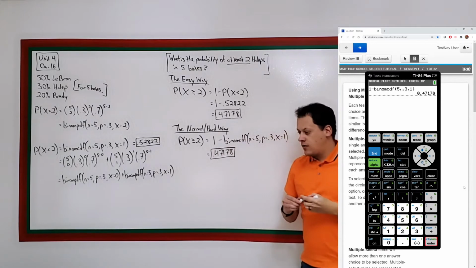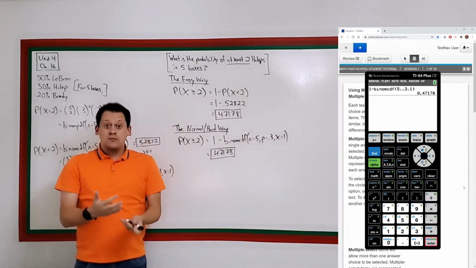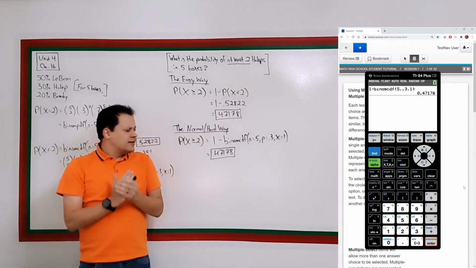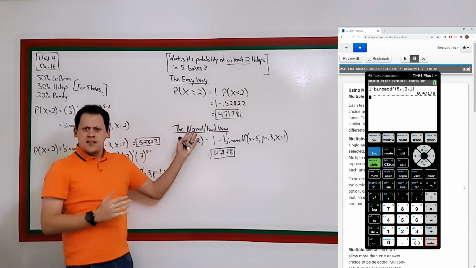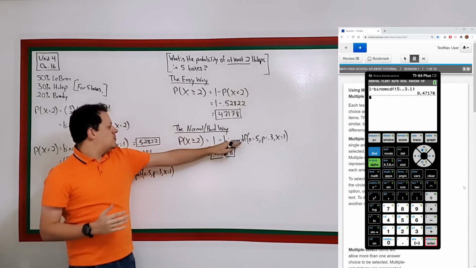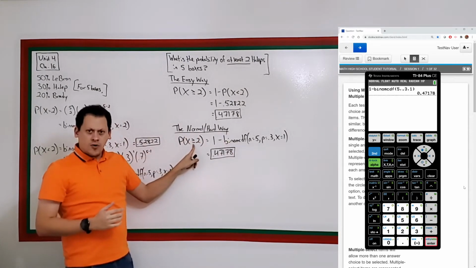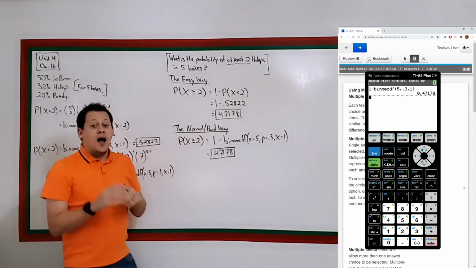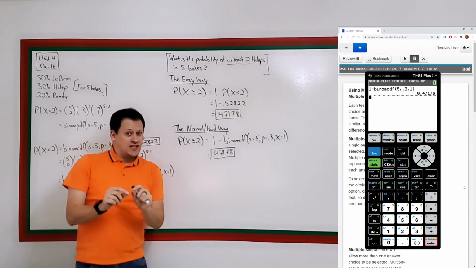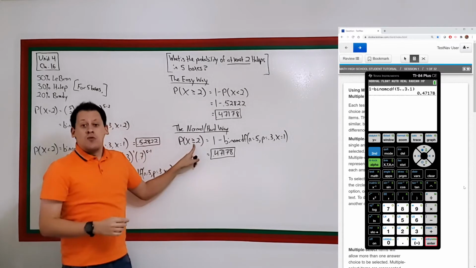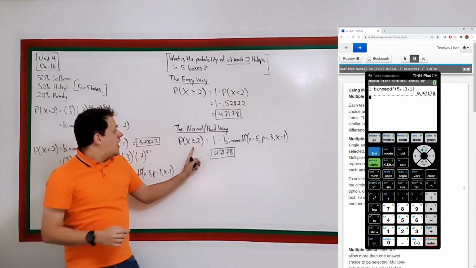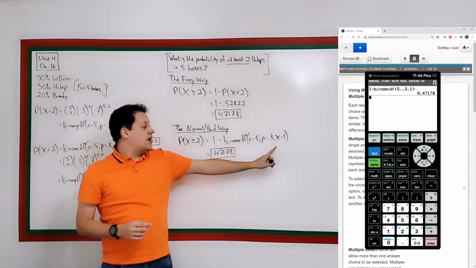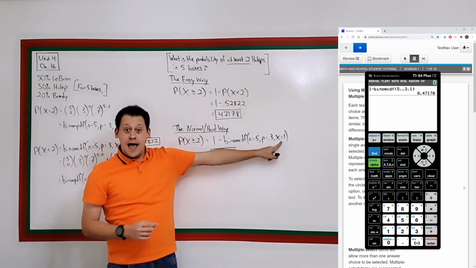Right. So I want to make sure that you're a little more comfortable using this method with Binomcdf with a probability like this. I do want you to know that it would have been a little different if this is just a greater than 2 sign. Everything here would be the same. The only thing that would change would be the x.